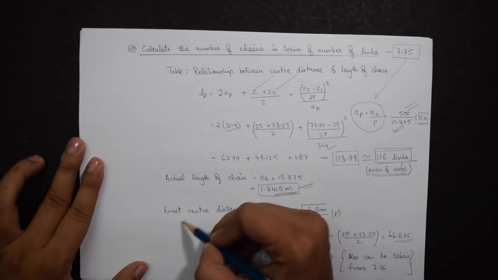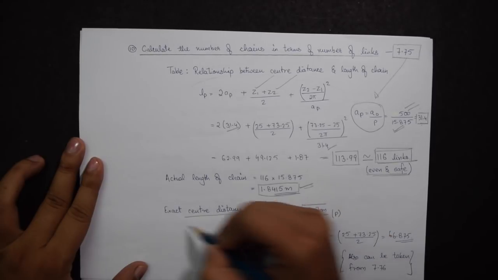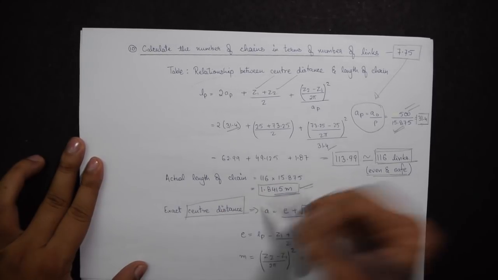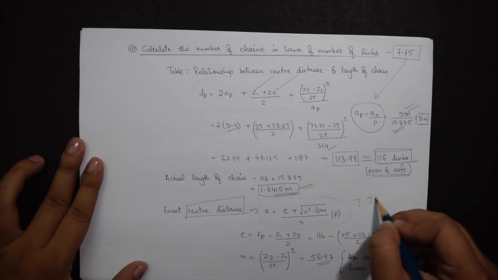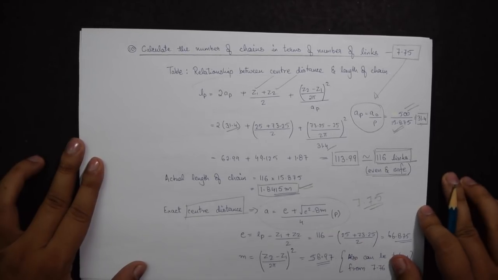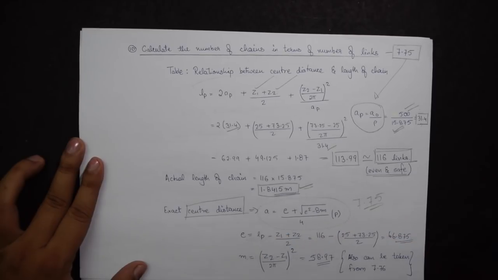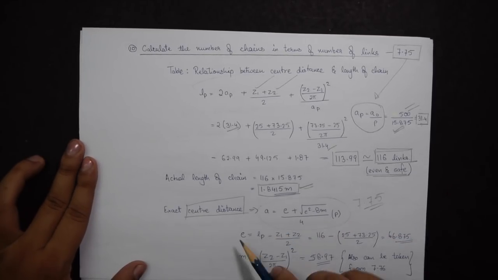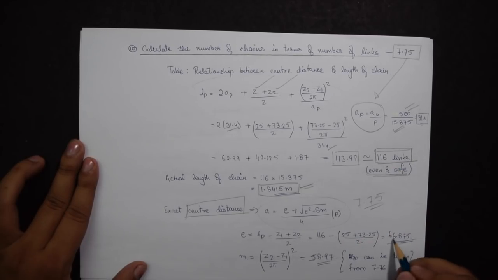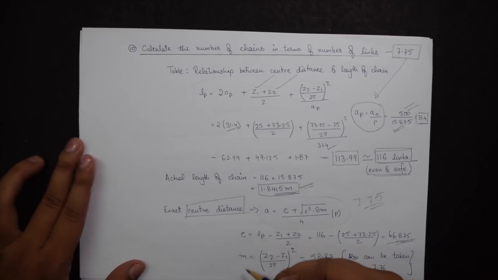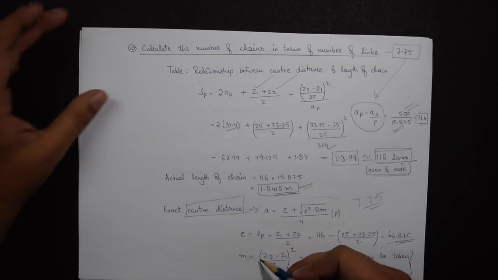Finally, let us calculate the corrected center distance of our system. This formula is also given on page 7.75 only, and the formulas for E and M are also there. To calculate E, we have LP, which we just found out, and Z1 and Z2 we know, which turns out to be 66.87, and similarly we can calculate the value of M also.